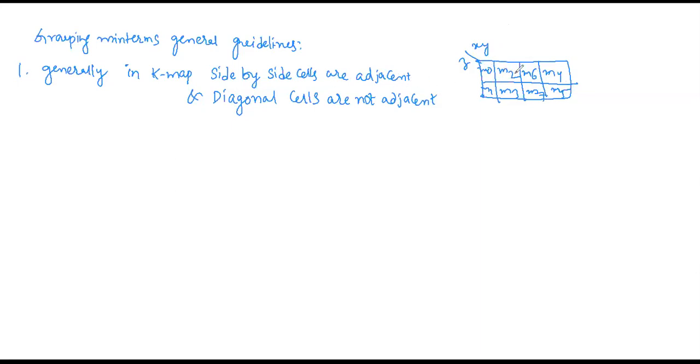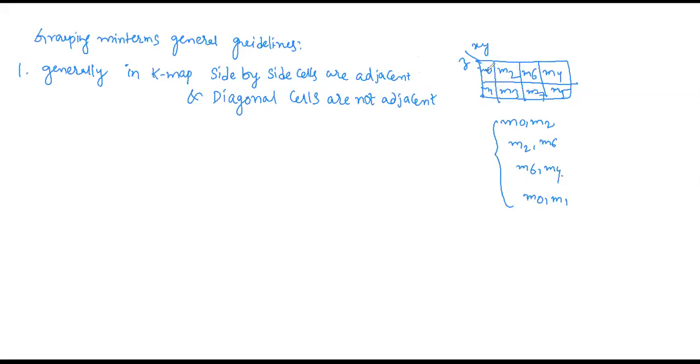Like M0, M2, side by side, adjacent. M2, M6, adjacent. M6, M4, adjacent. Similarly, M0, M1, adjacent. These are all adjacent. Either horizontally or vertically, side by side cells are adjacent.